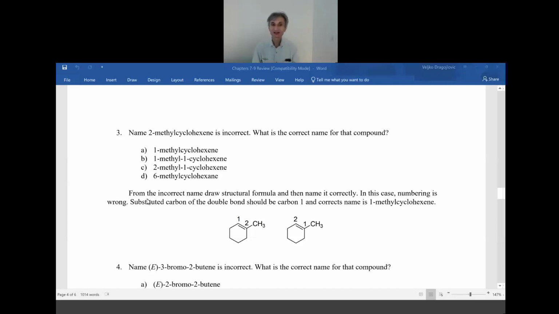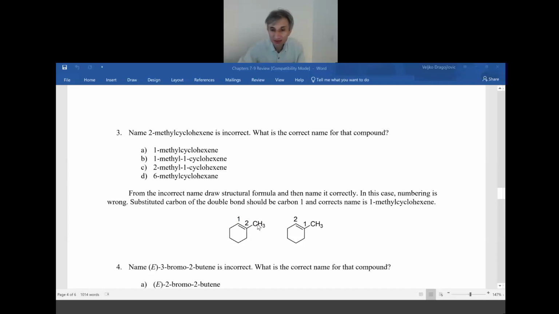But here, you have an incorrect name, and there is only one correct name. So here what you should do is, first, draw a formula from the incorrect name. The name 2-methylcyclohexene is incorrect. So you draw cyclohexene. Carbons of the double bond are carbons 1 and 2. And you place a methyl group on 2. So that's the incorrect name.